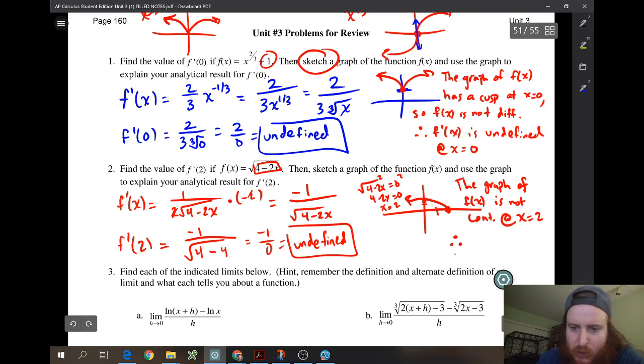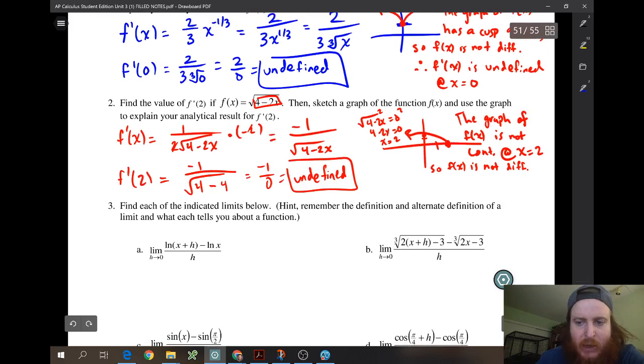Therefore, f of x is not differentiable. Right, if it's not continuous, it cannot be differentiable. As soon as it's not continuous, stop, it's not differentiable. Therefore, f prime of x is undefined at x equals 2.